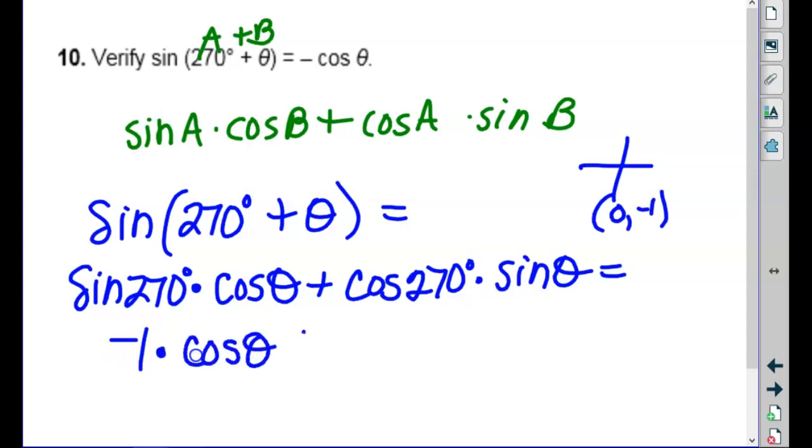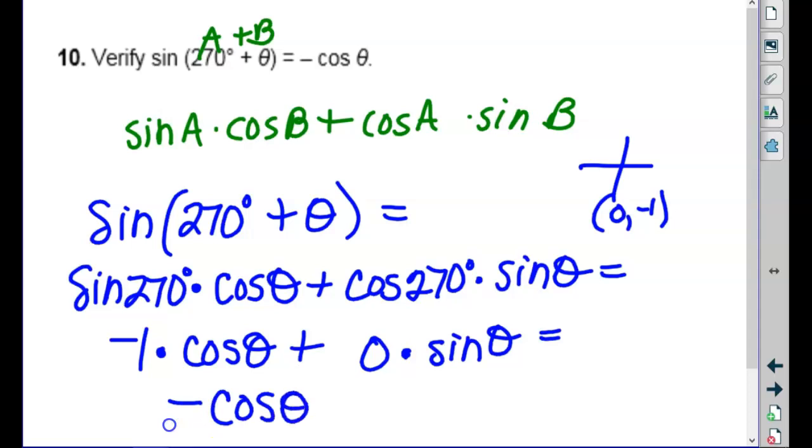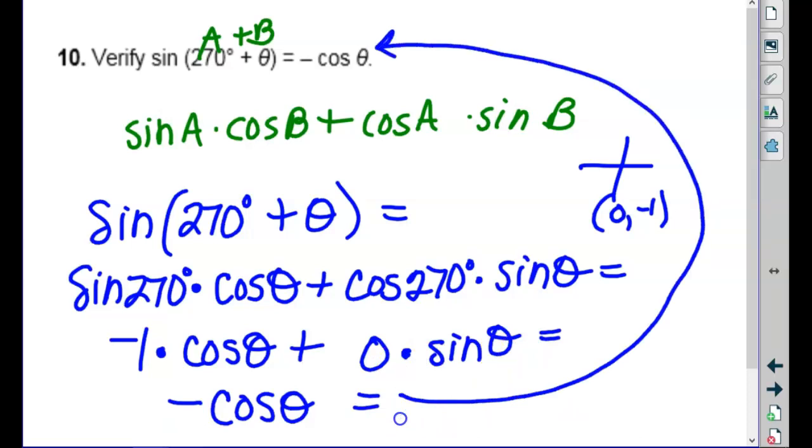Then cosine of theta plus the cosine at 270 is 0 times sine of theta. We can't replace theta. So we have negative cosine plus 0, right? Is that what we were supposed to get? So you can do a proof like that on the next quiz, especially if I put little blanks to remind you what you're supposed to do.